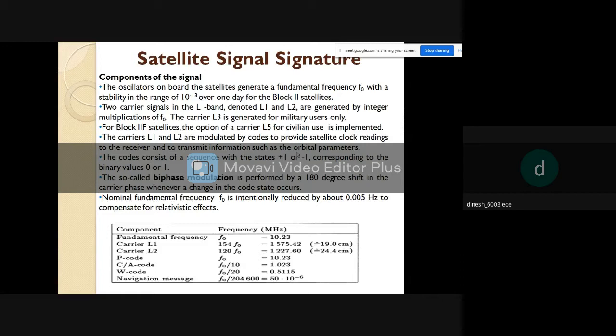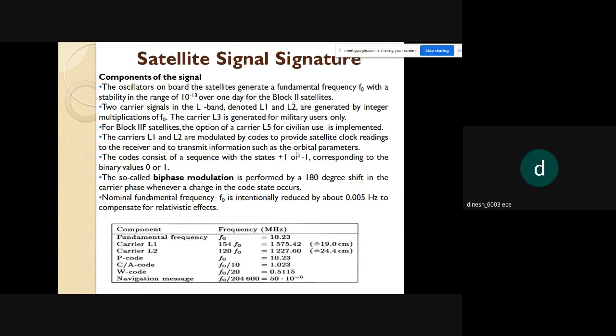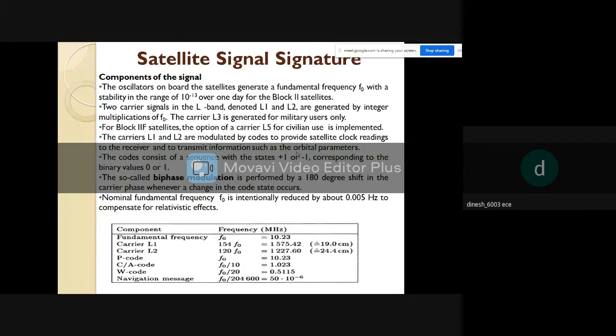Then these codes always consist of a sequence of states with +1 or -1, where they correspond to binary 0 or binary 1 respectively.